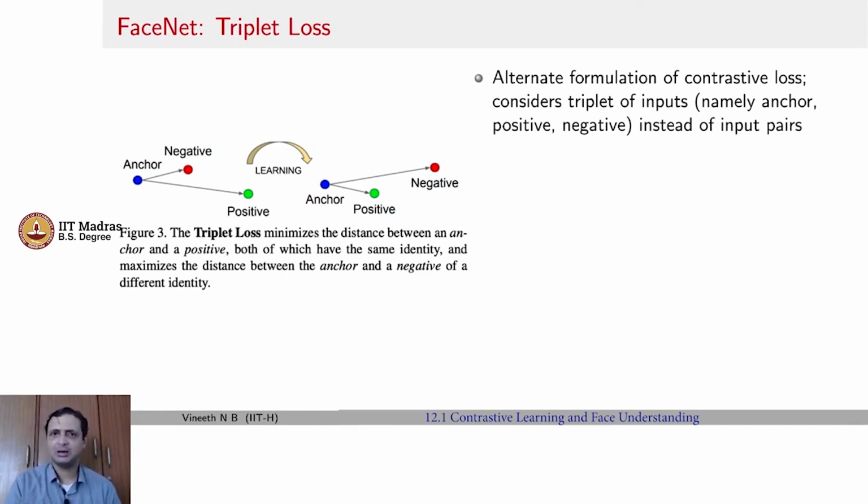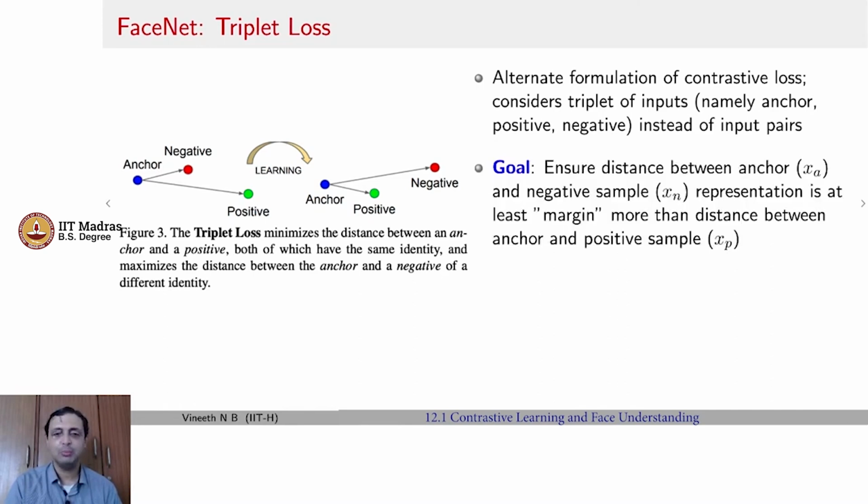What is the triplet made of? An anchor point, a positive point, and a negative point. Given any input, which is an anchor point for us now, we then have a positive point which has the same identity as the anchor and a negative point which has a different identity from the anchor.